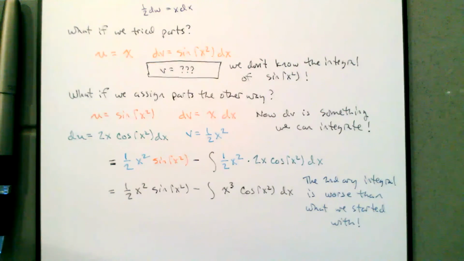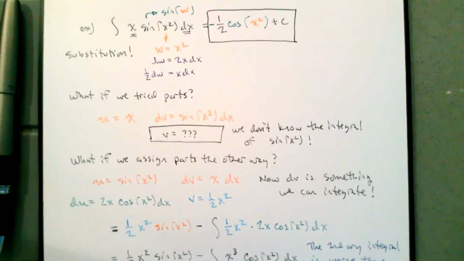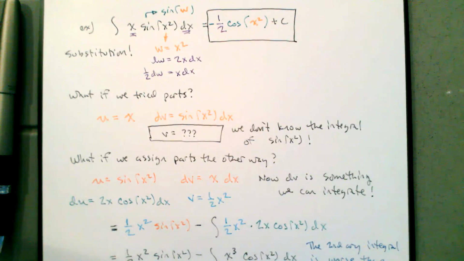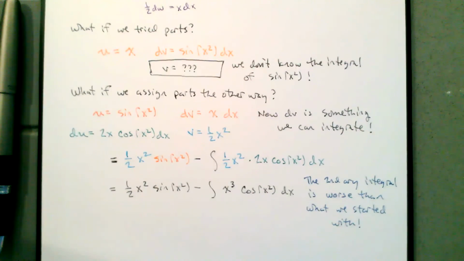Because once again, I can't just assign u and dv. dv can't be x cosine of x squared because we don't know what the integral of that is. Now we might look at this, and some of you might notice that we could do a substitution. If we were going to notice substitution now, then we would have noticed the substitution at the beginning. But wait, maybe we needed this time to pass.